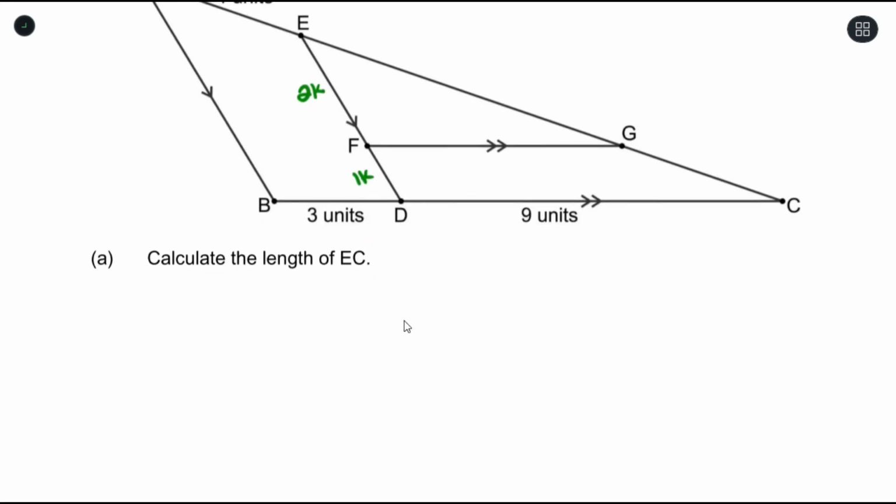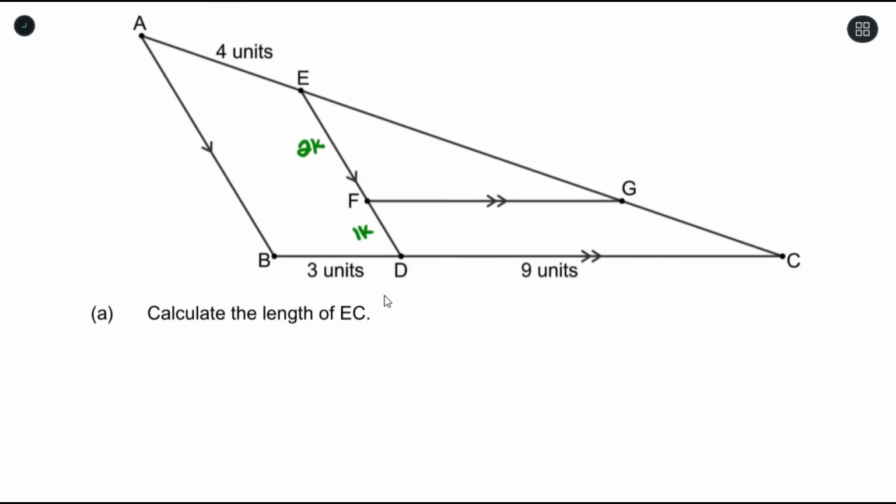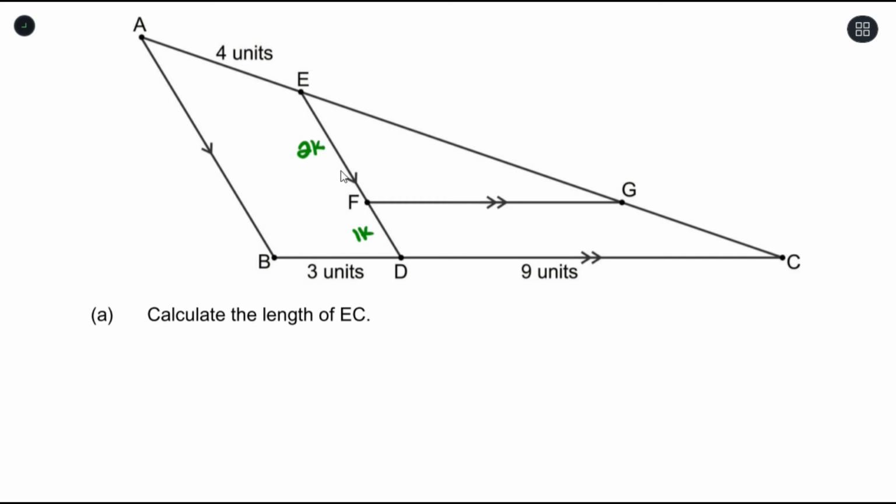Now, the first question says, calculate the length of EC. We are trying to get EC, this entire length over here. Now, to get this, I want you to focus on triangle CAB.